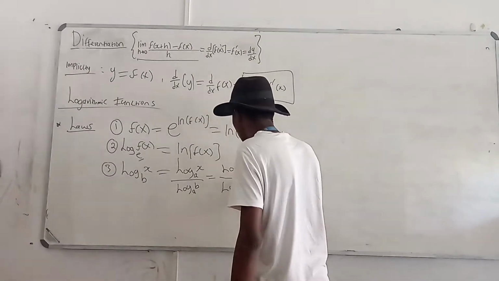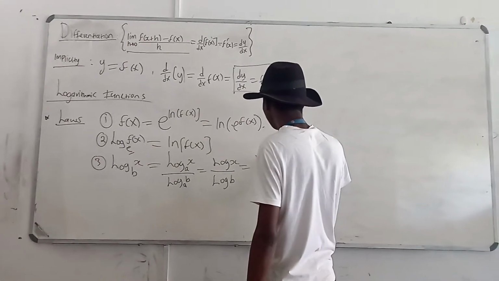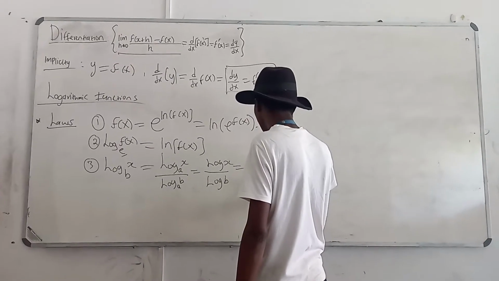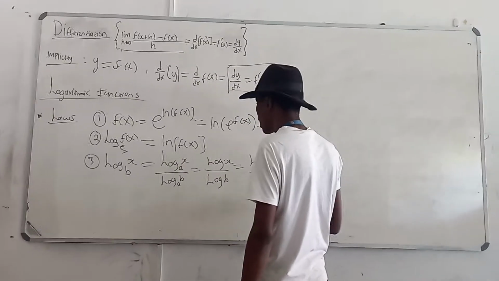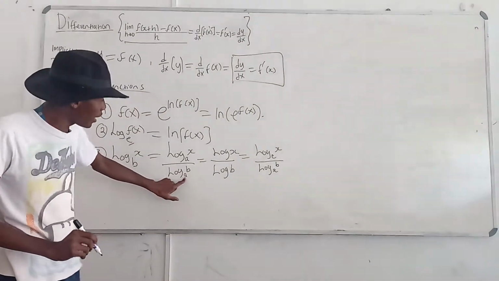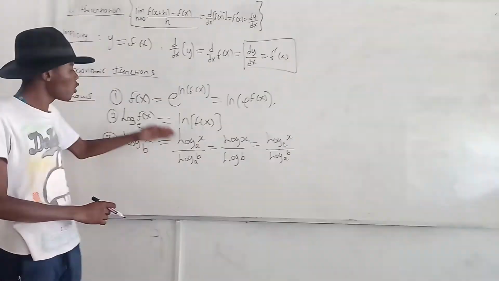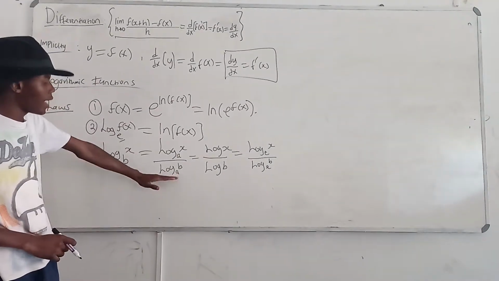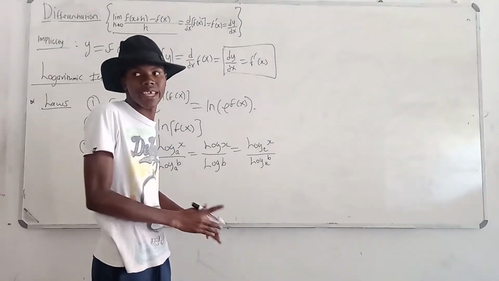We can take this further to log base e of x all over log base e of b. I'm not saying a and e are equal, but the ratios log_a x over log_a b and log_e x over log_e b are the same.